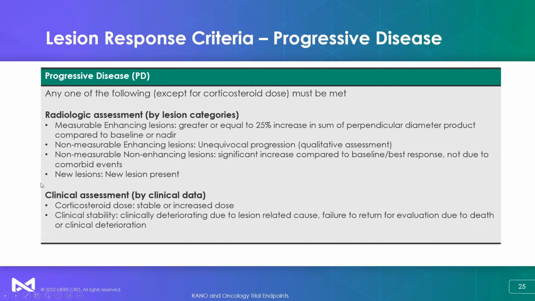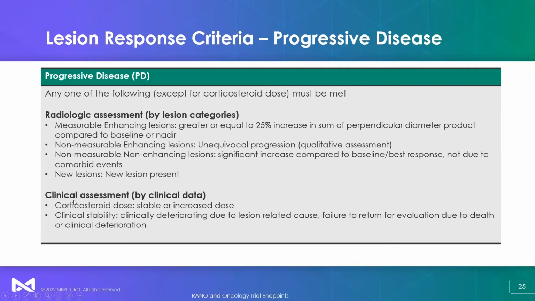By the imaging assessment, measurable enhancing lesions with SPD increasing by 25% or more from either baseline or the nadir, or non-measurable enhancing lesions showing unequivocal progression by the qualitative assessment, or any non-enhancing lesions showing a significant increase compared to the baseline or the best response, also meaning nadir, and not due to comorbid events. That would be a progressive disease recorded for the non-enhancing lesions. Or any new lesions appearing lead to PD.